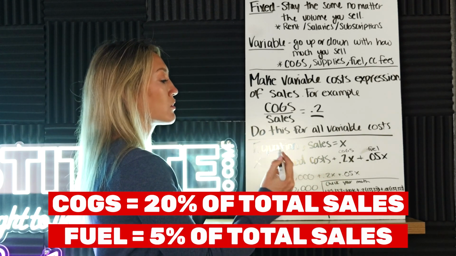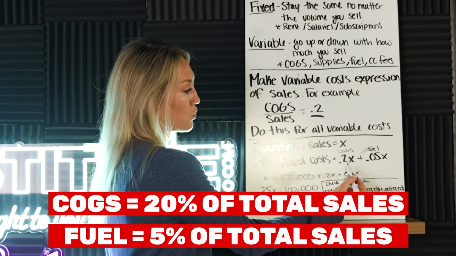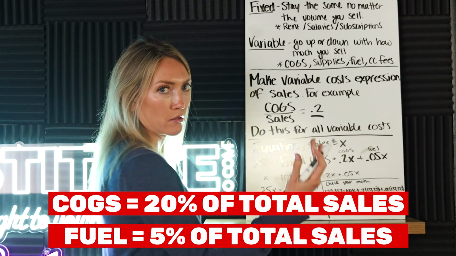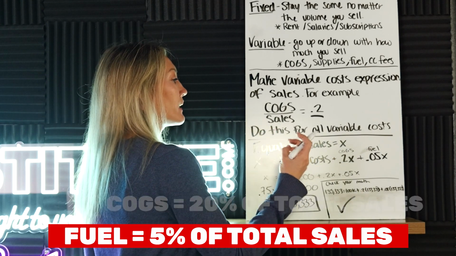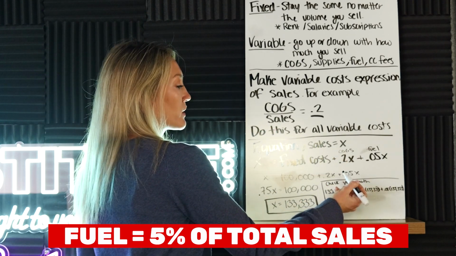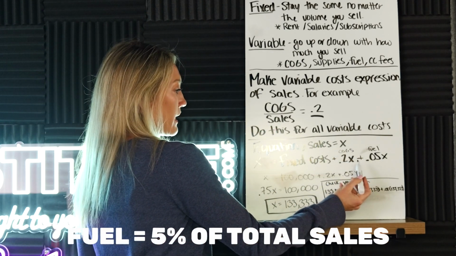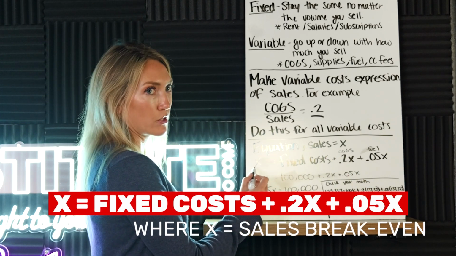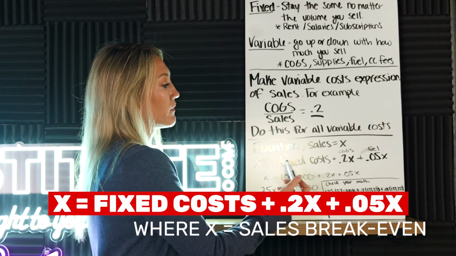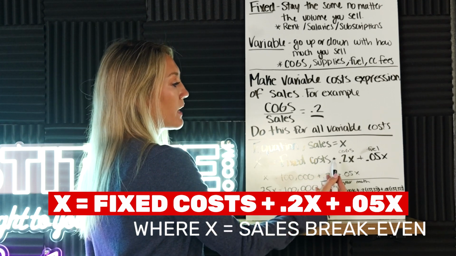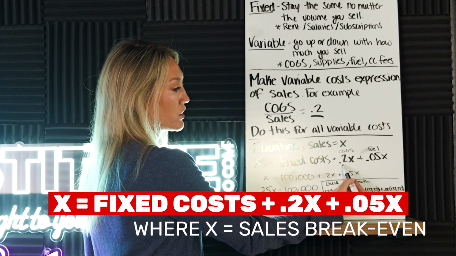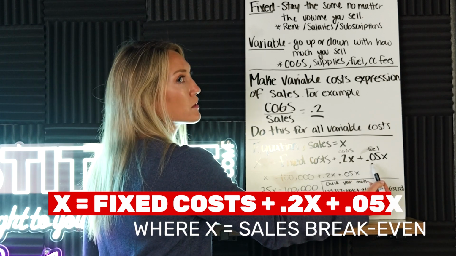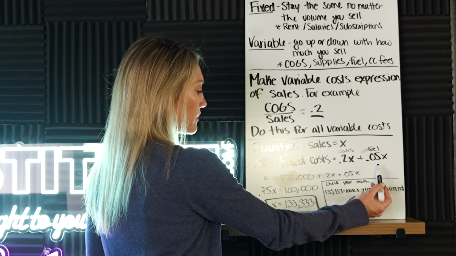The cost of goods sold are on average 20% of our overall sales, and our fuel cost, which is also a variable, is typically on average 5% of our overall sales. So this is how you would write the equation. Sales, which is X, equals fixed costs plus cost of goods sold, which is an expression of the total sales, plus fuel, which is also an expression of the total sales.